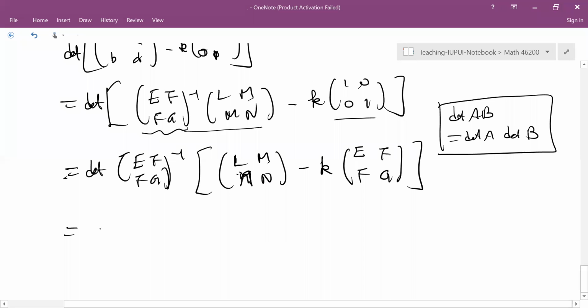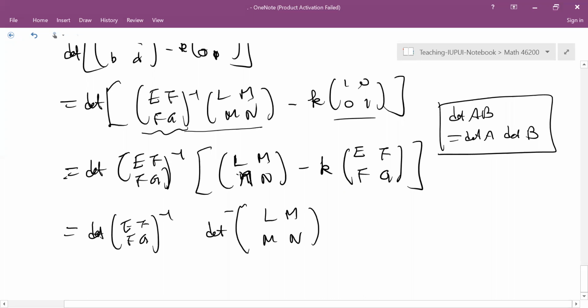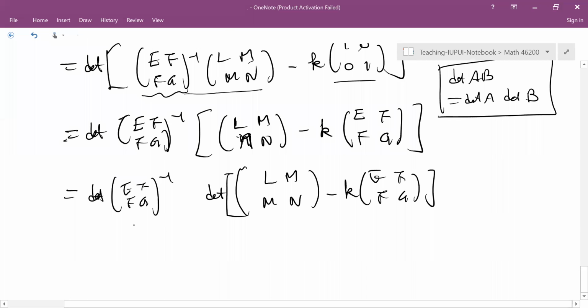So that's why it's going to be the determinant of (E, F; F, G) times the determinant of (L, M; M, N) minus K (E, F; F, G). The first part is never 0, and this is going to be 0 if and only if the second part is 0.